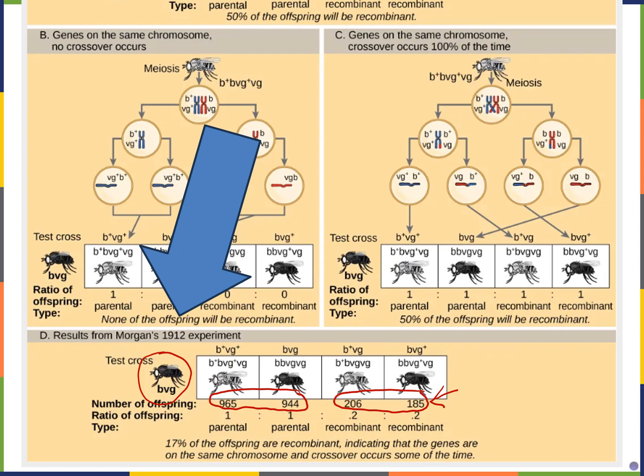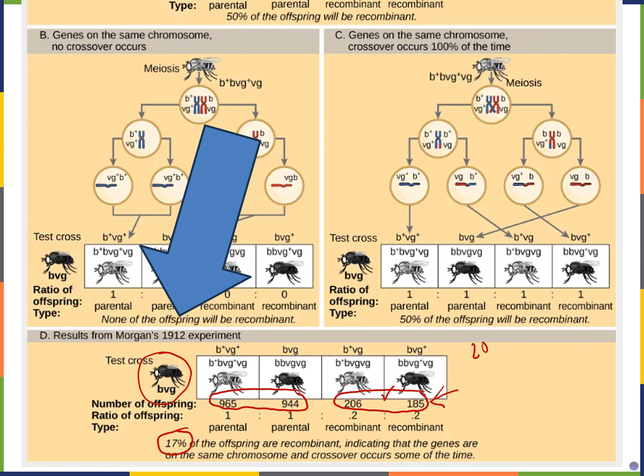So when you look at something like this, and I want to figure out what actual percentage of all of the fruit flies are recombinant, what you can do is add the numbers together. So if I want to find the percent recombinant offspring, and here they tell me it's 17%, how did I get that 17%? So you want to add these two.